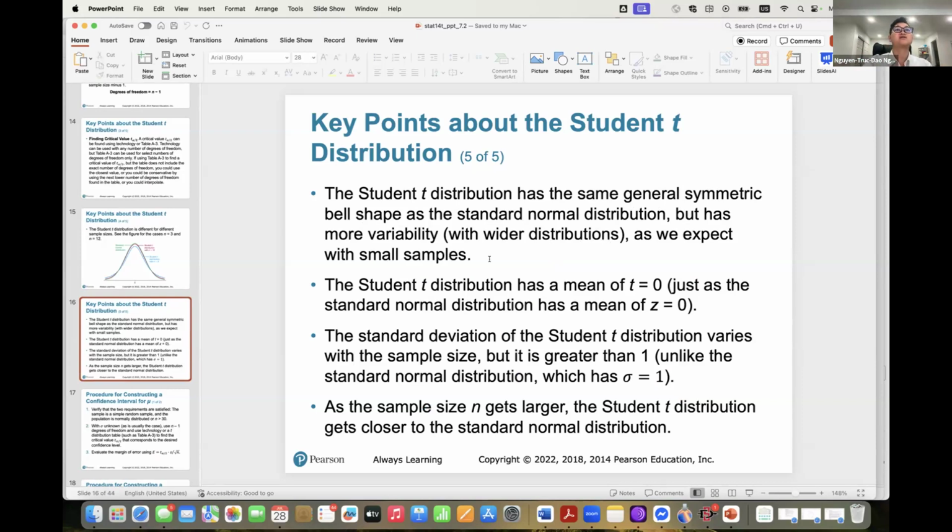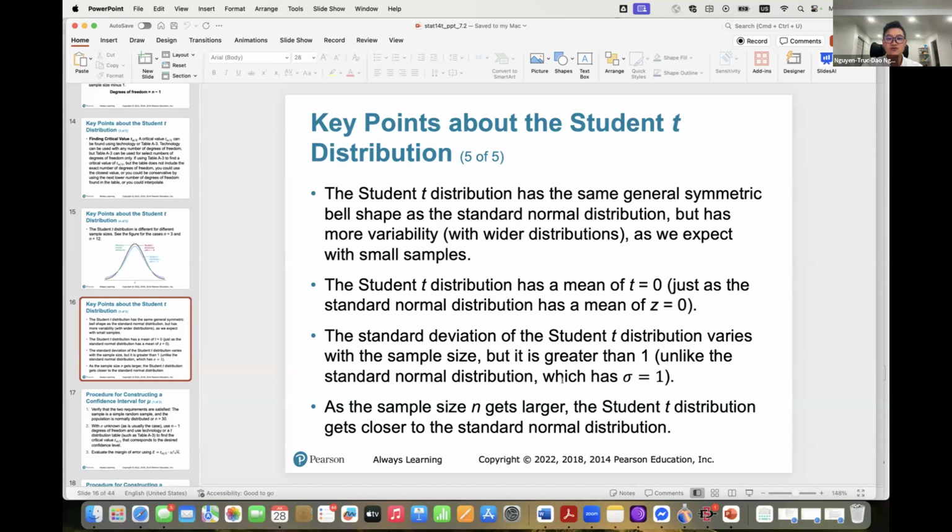Because for the standard normal distribution, you can have a large n, right? But in this case, you have a small n. The student t distribution has a mean of t equals 0, just as the standard normal distribution has a mean of z equals 0. The standard deviation of the student t distribution varies with the sample size, but it is greater than 1.